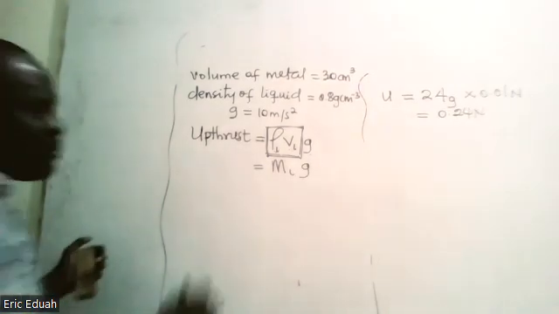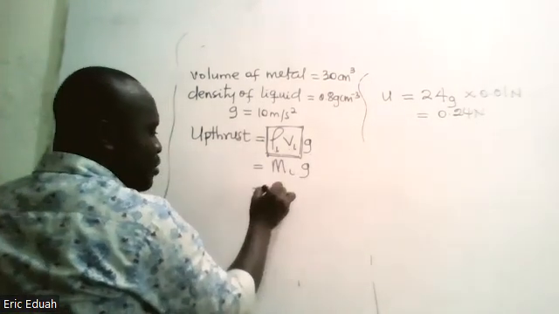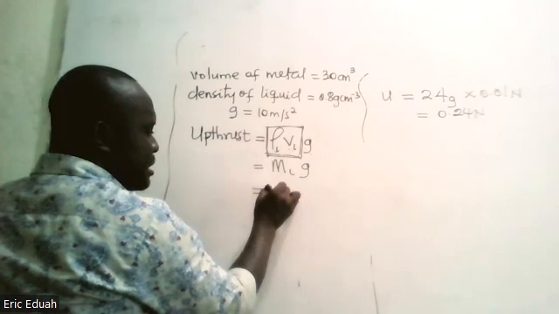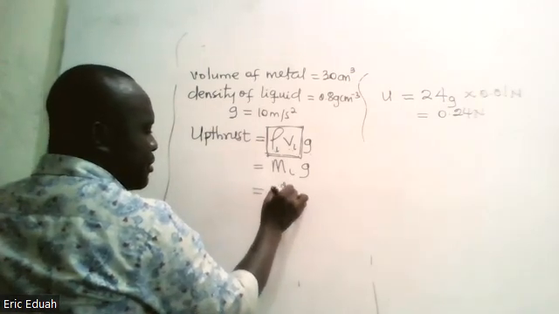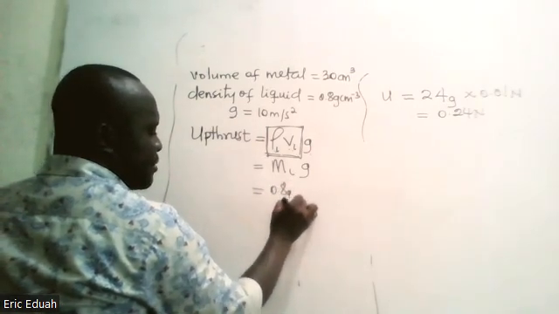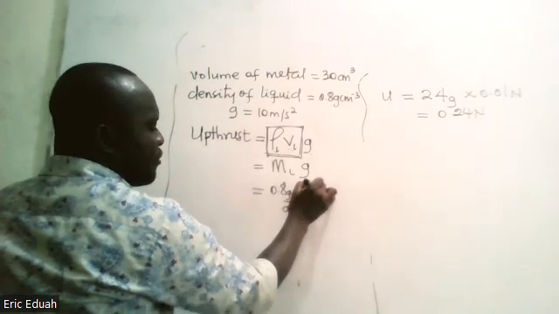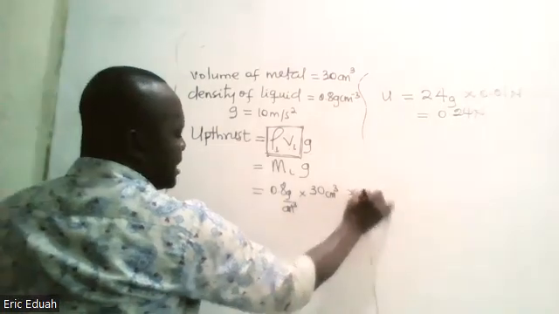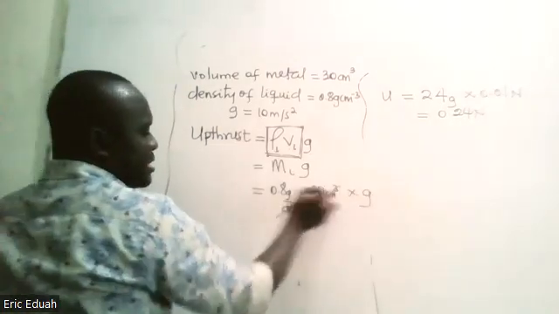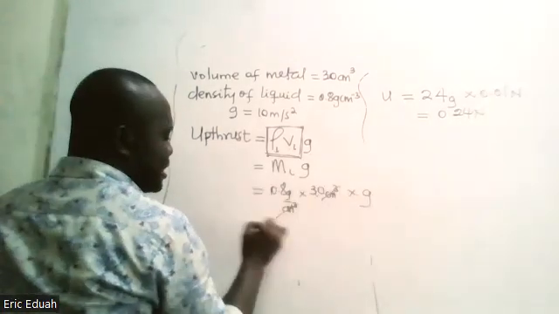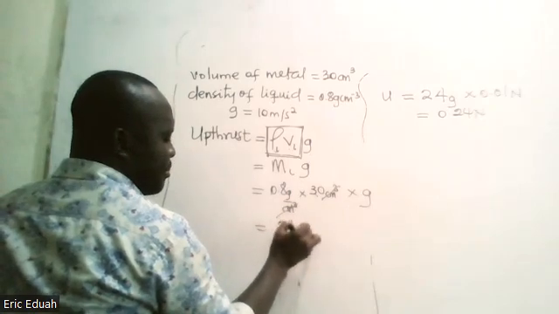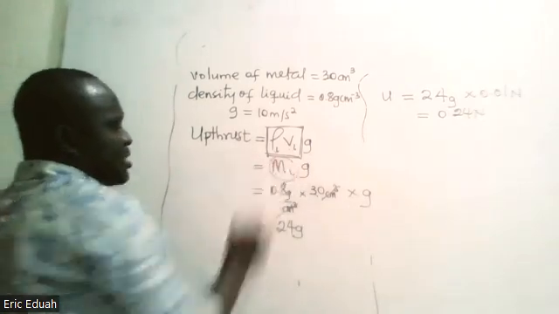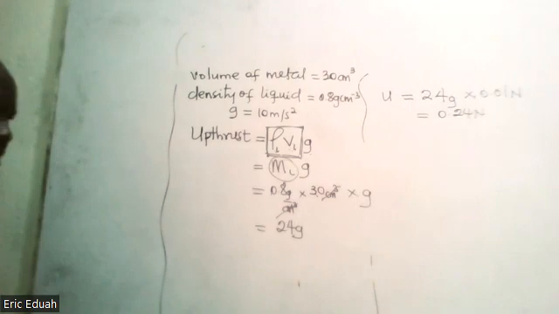So whatever we got, 0.8 gram per cm cube times a volume of 30 centimeter cube times g, when we cancel, this times this gave us 24 gram, which is actually the mass of liquid displaced.